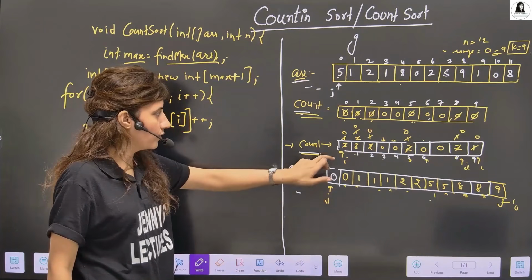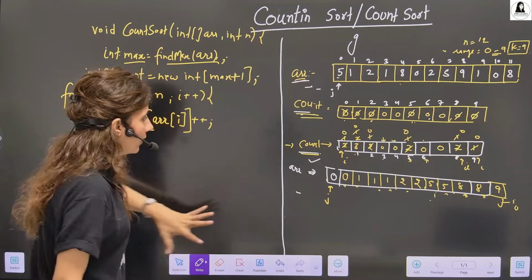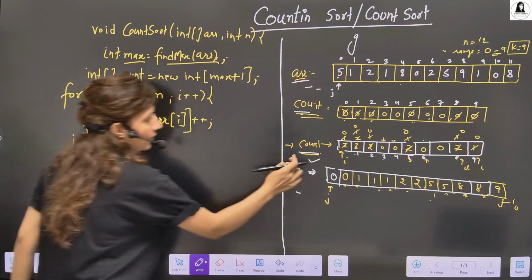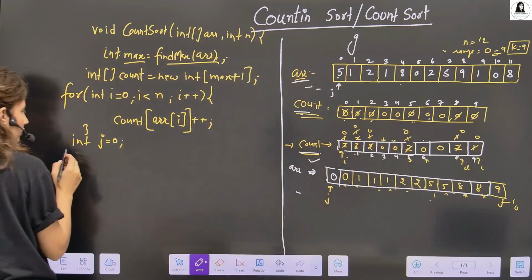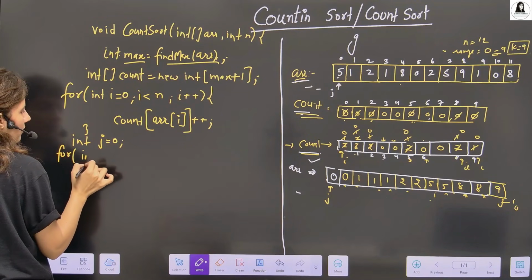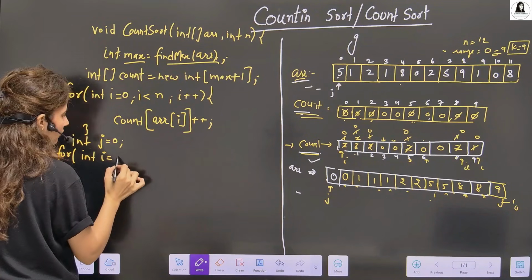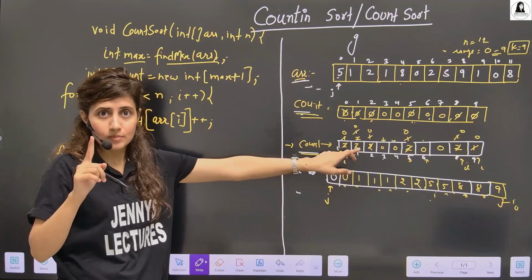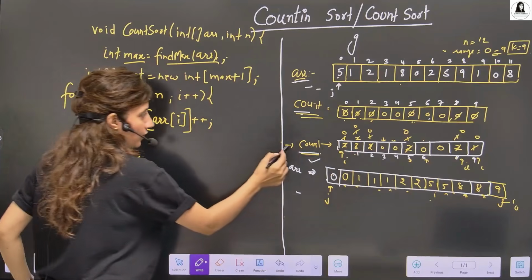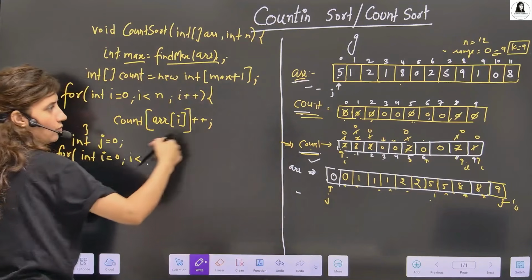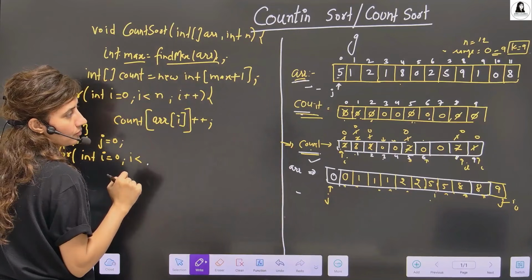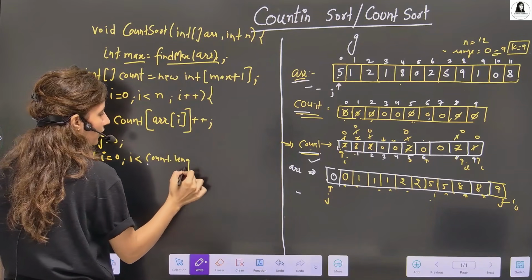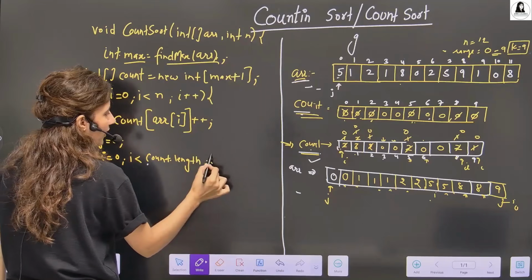Now let's have int j at first as 0. Then for int i is equal to 0 and i less than count dot length. It's not n, don't write n here, because we are traversing the count array, so it's count dot length, and i plus plus.